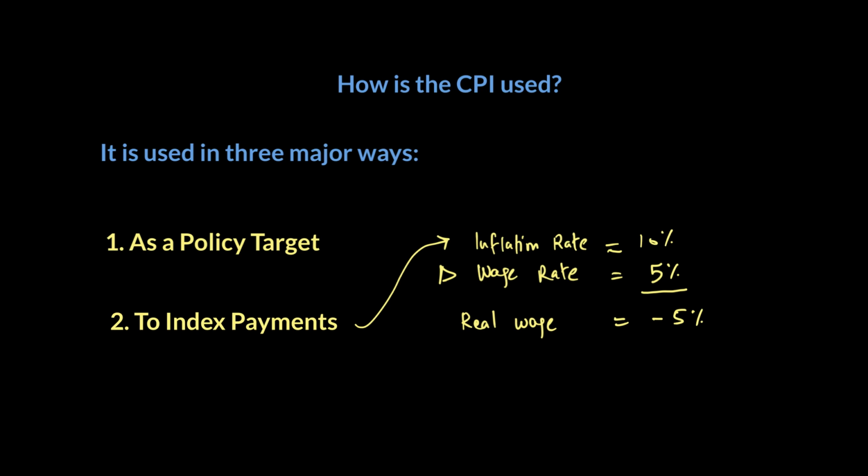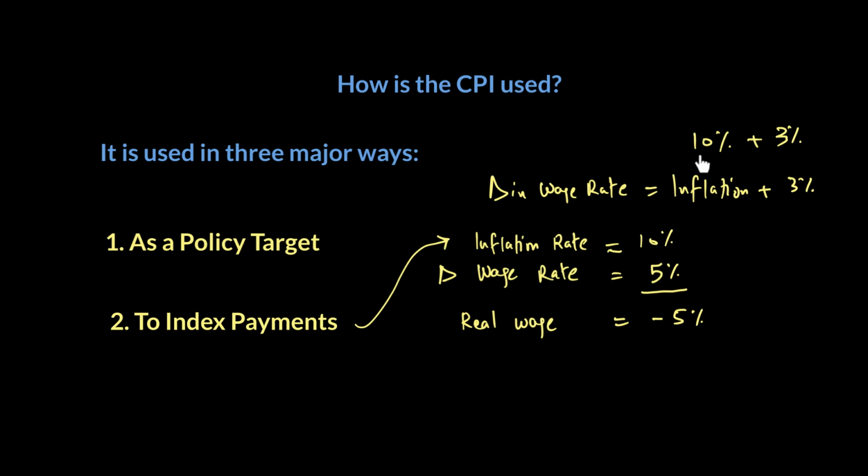So what he can suggest to him is that your change in wage rate will be equal to, for example, inflation rate plus, let's say, 3%, right? So I can come up with this formula where, let's say, if inflation is 10%, then my wage will go up by 13%, because 3% for my performance and 10% because I want to be protected from inflation.